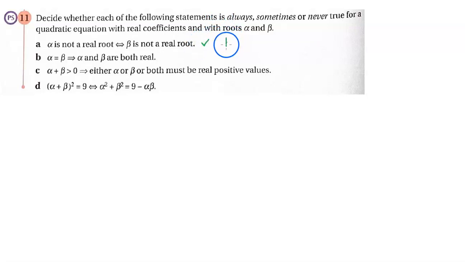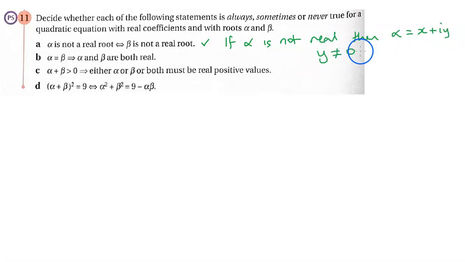because if alpha is real, well, let's say alpha is not real. If alpha is not real, then alpha equals x plus iy, and y does not equal 0.